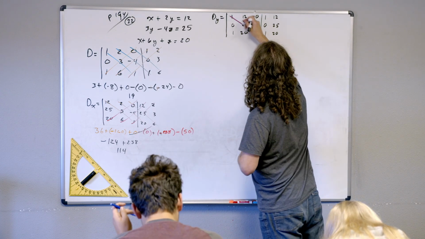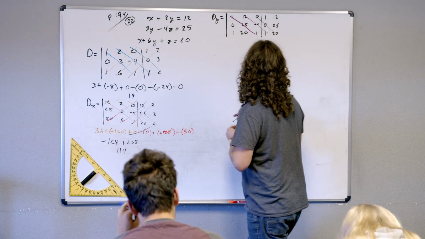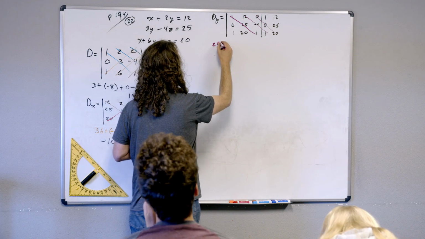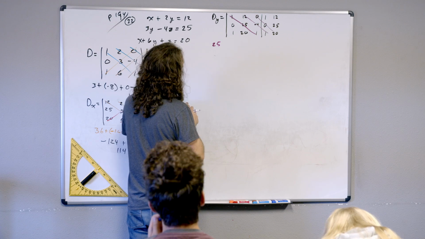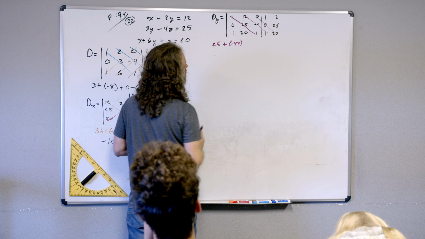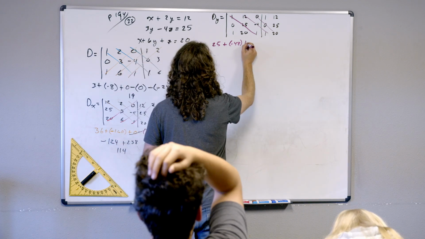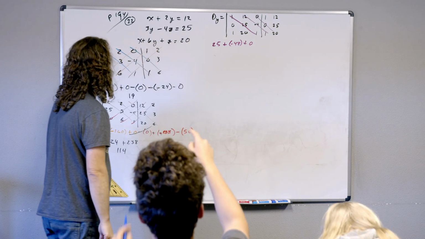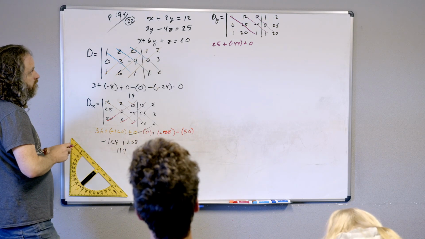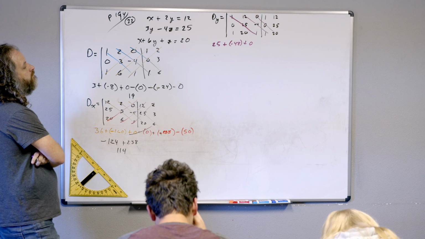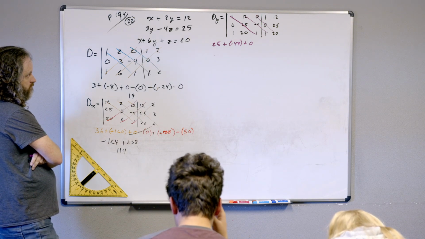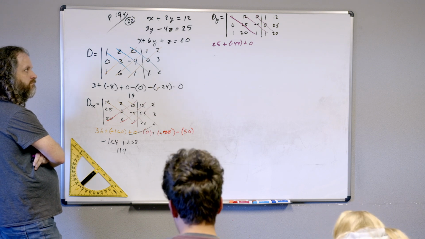All right. So 1 times 25 is still just 25, right? Yep. And then plus... Wait. Sean, why is the matrix the way it is? If we're doing d sub y, shouldn't it be the z column and then the answer and then the x column?